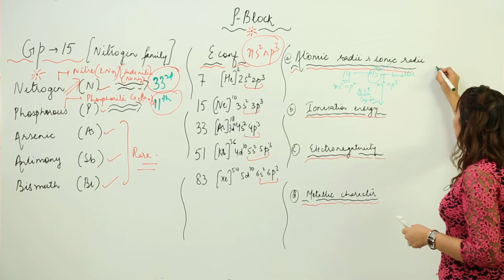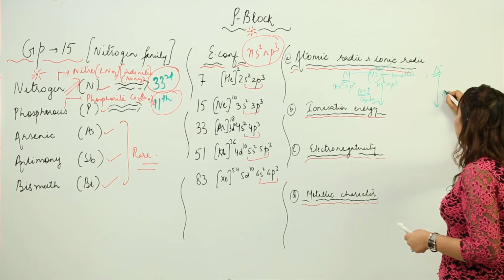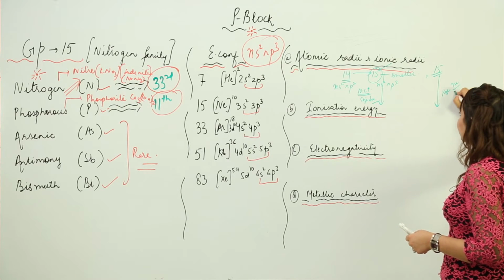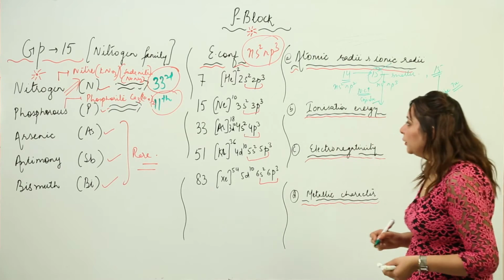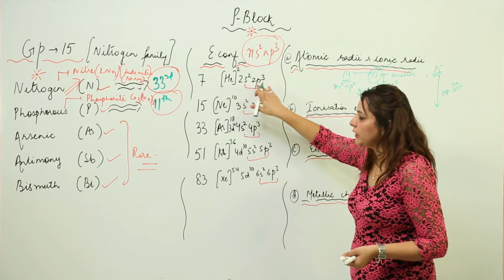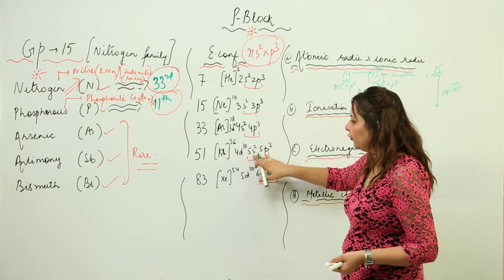But if we talk about the group members of 15, as we move down, size increases. In general, whenever we move down a group, size increases, because the last shell here is 2, here 3, here 4, then 5 and 6.